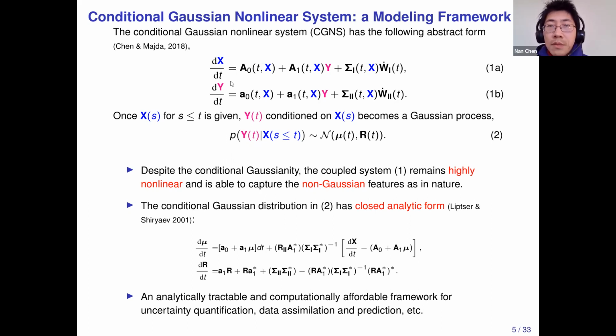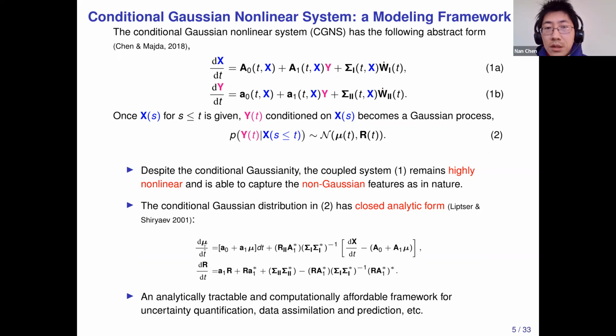Later I will show a lot of examples which belong to such a framework. And there's a very nice property here, that is this conditional distribution can actually be solved using a closed analytical formula.